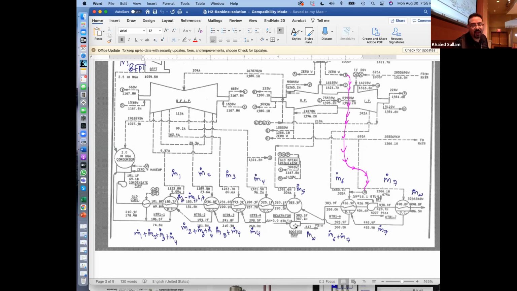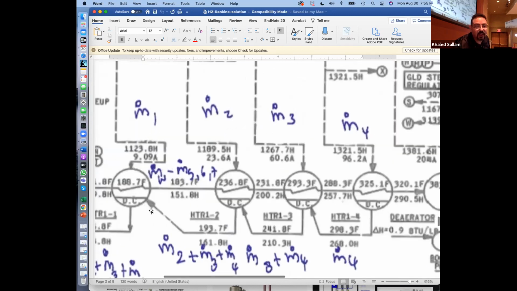You are telling yourself, I have to leave as m dot water. And in this place, you are dumping m dot 5 and 6 and 7 in me. And you are leaving with m dot water. Guess what's coming then? M dot water minus m dot 5 minus m dot 6 minus m dot 7. Right? And that is the mass flow rate throughout the pipe.